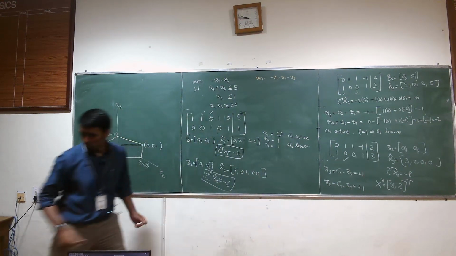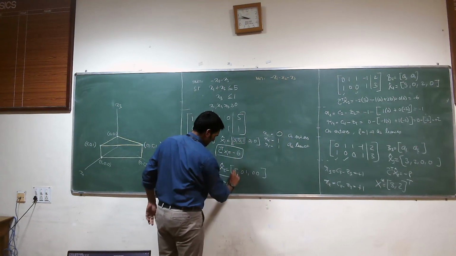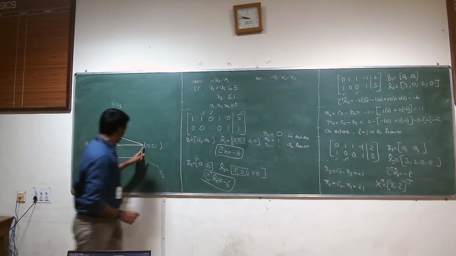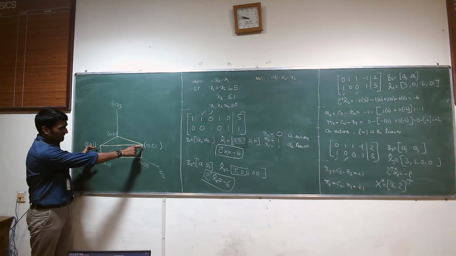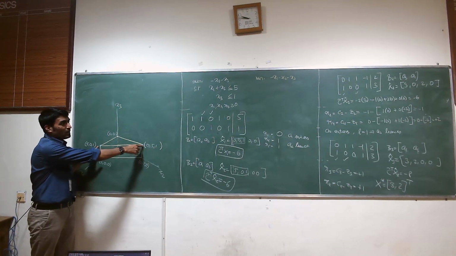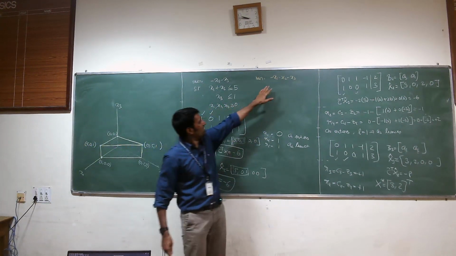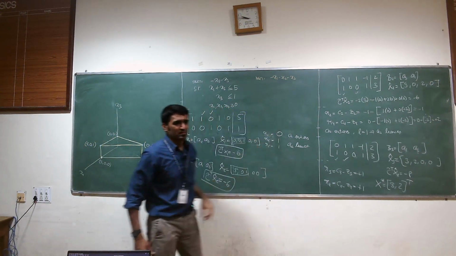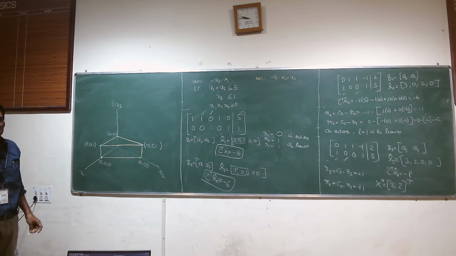Fine. So that corresponds to this vertex and this. That's essentially these two vertices. It says that in this problem, both of these attain the lowest possible value for C transpose X. And that should make sense, because what set of planes do these correspond to? -x1, -x2, -x3.